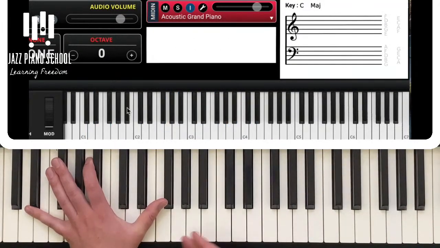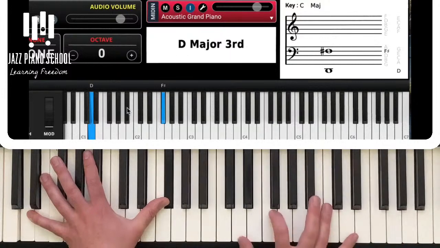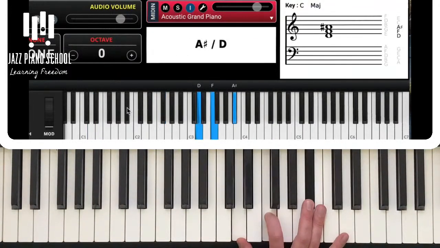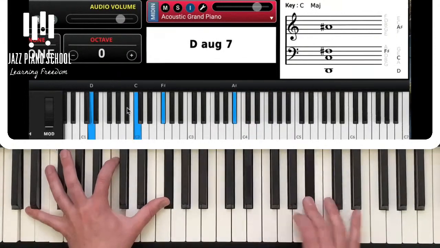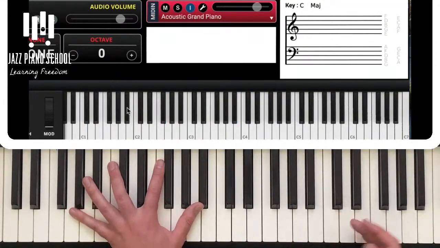So what did I do there? I just arpeggiated the upper structure triad. I just literally went up the whole triad and just kept going. So I played this into this. And then I can go back into my regular thing that I'm used to doing.